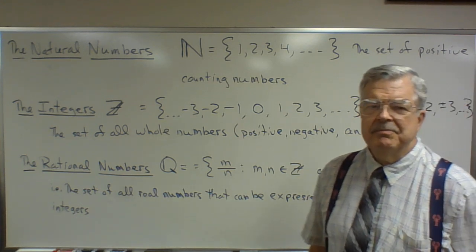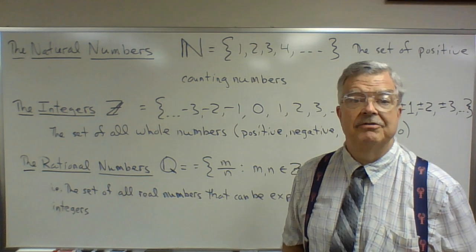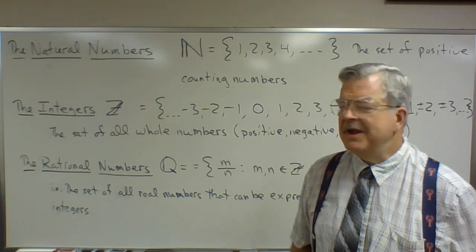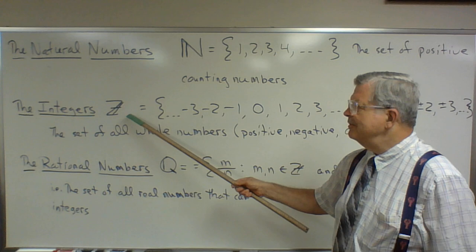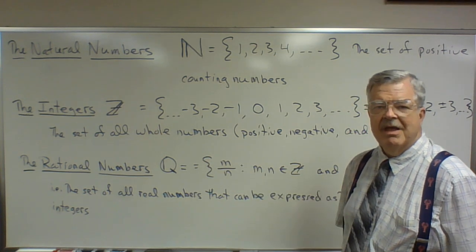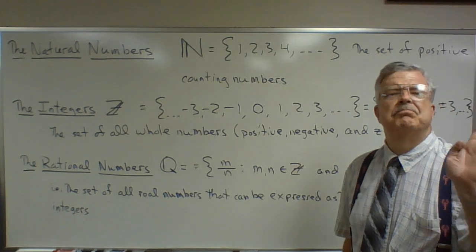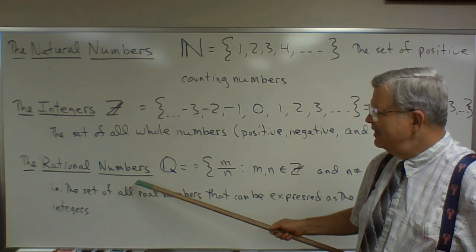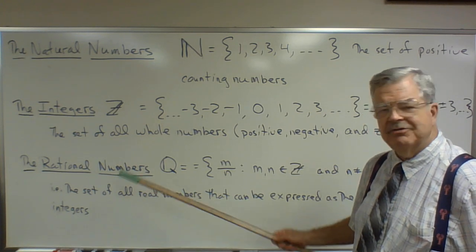Number theory is essentially the study of natural numbers and integers. We very rarely go outside the set of natural numbers or the set of integers. We might, once in a blue moon, talk about the rational numbers in this course.